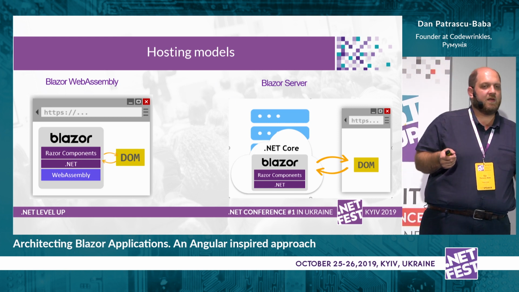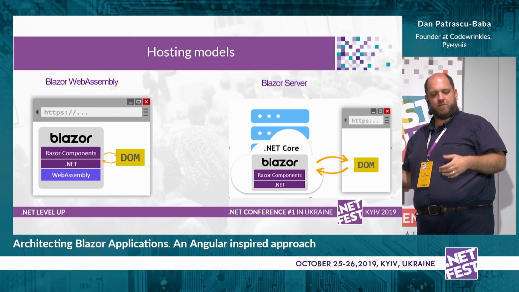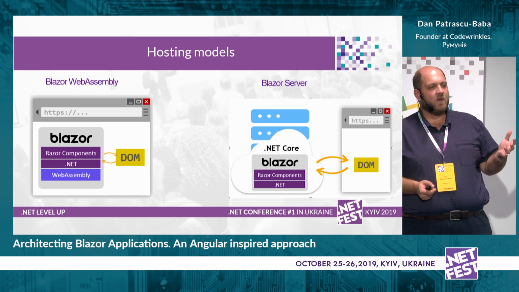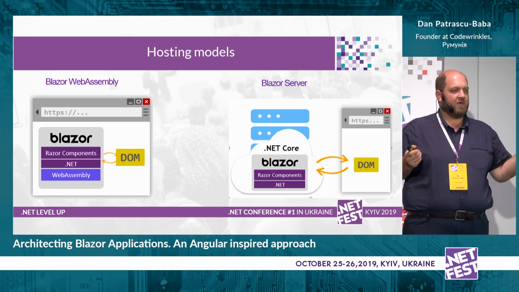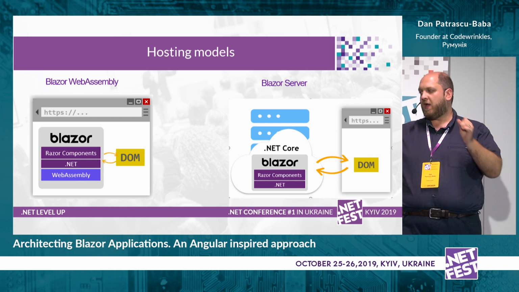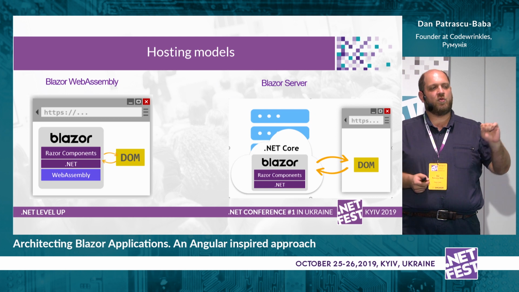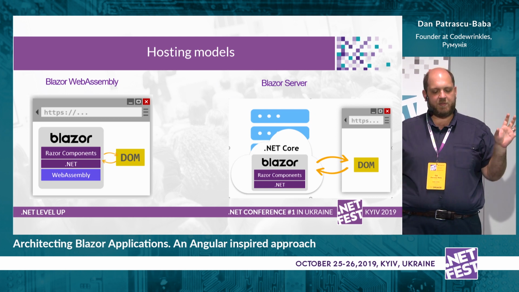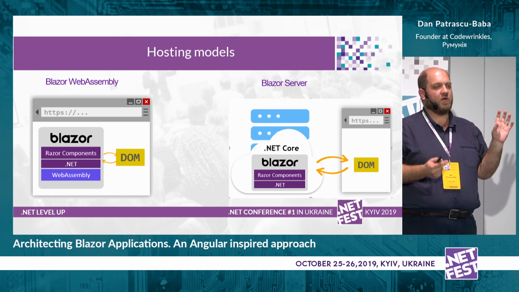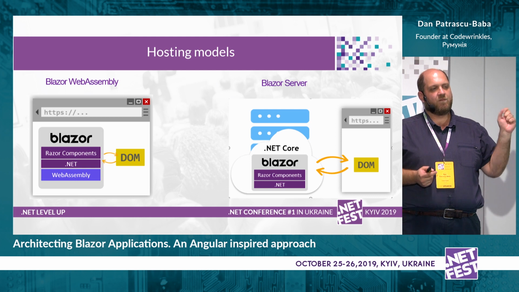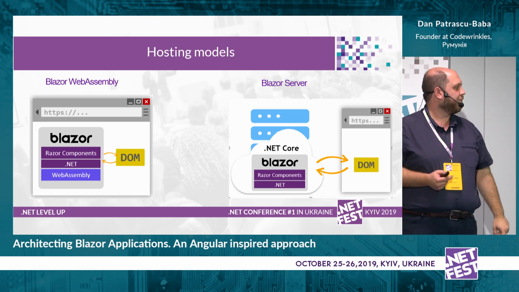And that's why the application that I've built here is built on the server-side hosting model, because this is already globally available, and this is something that we can already use. So what we have seen there, even if we noticed when we clicked around that there was no page refresh, is that this SignalR connection was used to send the HTML differences that needed to be rendered in the browser.